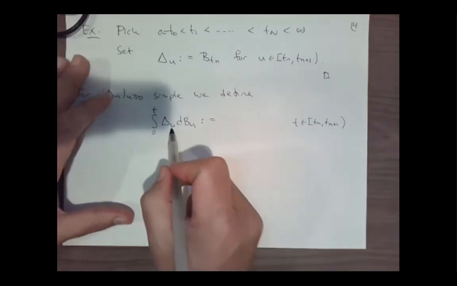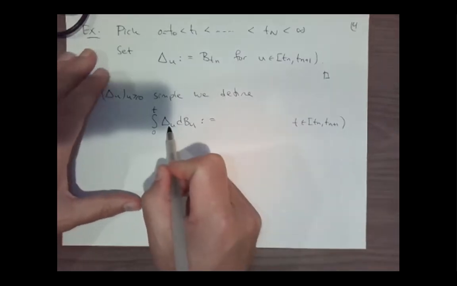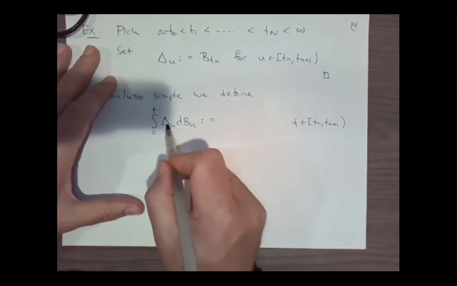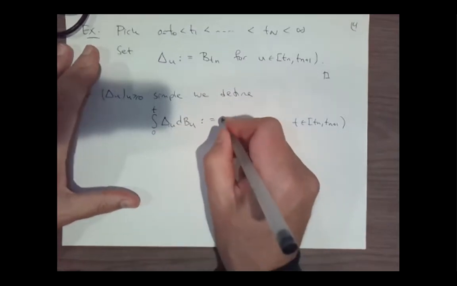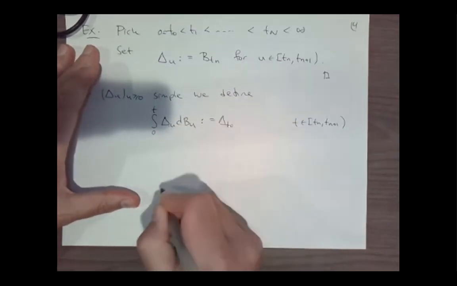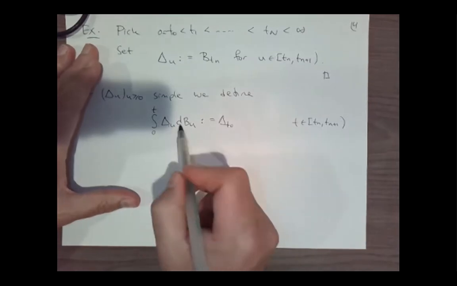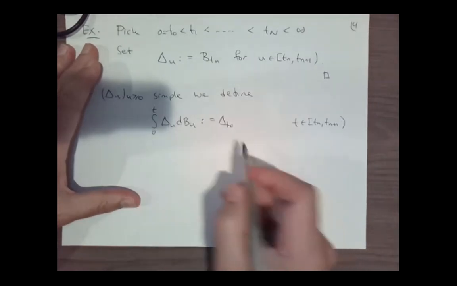So what we'll have here is the value Delta t0, and then we will integrate from t0 to t1 dB.